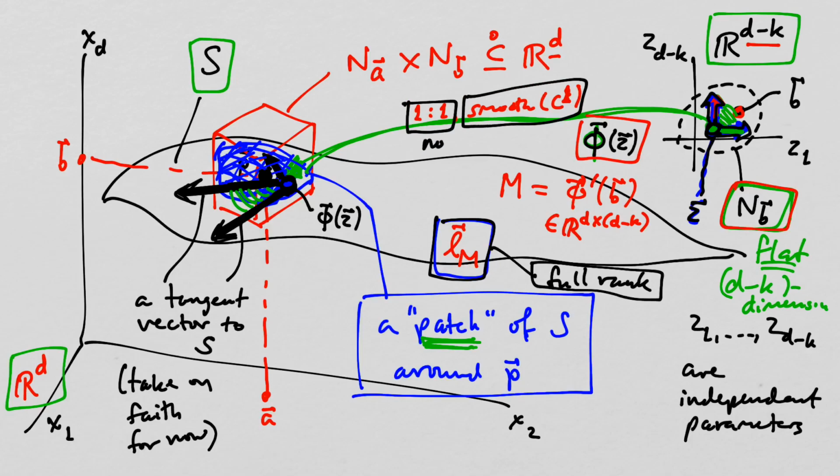We also want it to be non-degenerate, so that it doesn't collapse dimensions. It takes a d minus k dimensional flat patch and curves it to become this local patch of S, but it doesn't squish it up into a lower dimension. It never takes independent directions and maps them to the same direction. So that's the idea. We can call that a good parameterization.